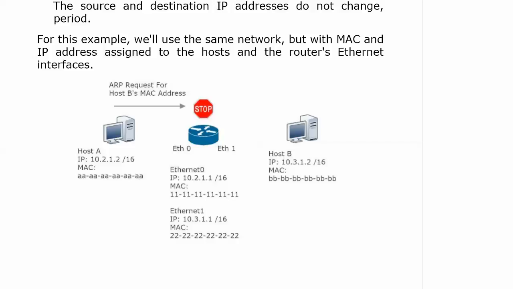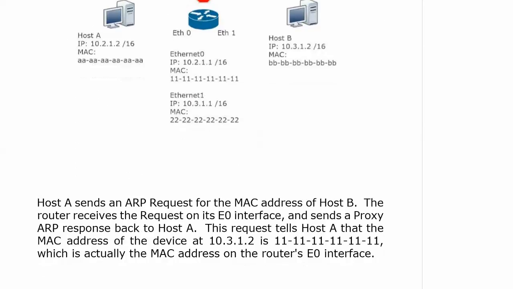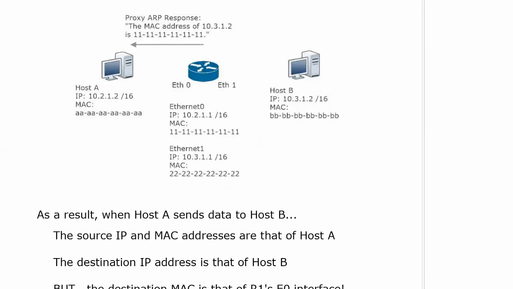But what it will do when Proxy ARP is running is send a Proxy ARP response back to host A. And that response is going to tell host A that the MAC address of the device at 10.3.1.2 is all 1's, which is actually the MAC address on the router Ethernet 0 interface, which is the interface that received that ARP request.